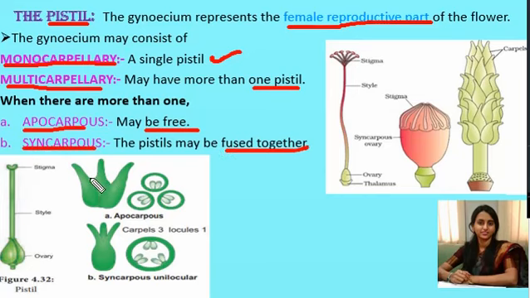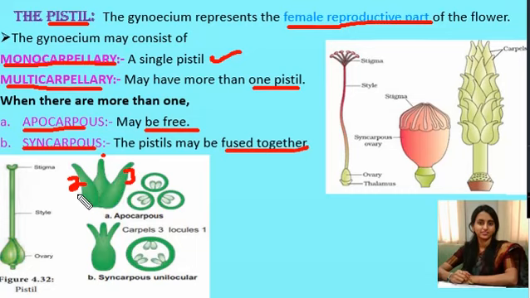Look at this diagram. There are three carpels here. This is number 1, this is number 2, and this is number 3. Here the ovary, style and stigma are completely free.